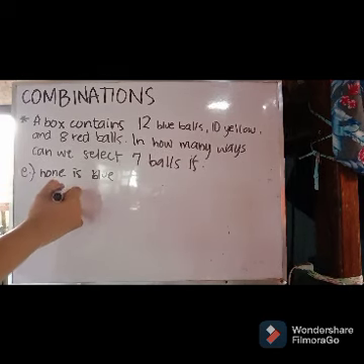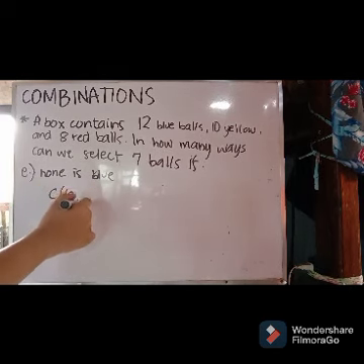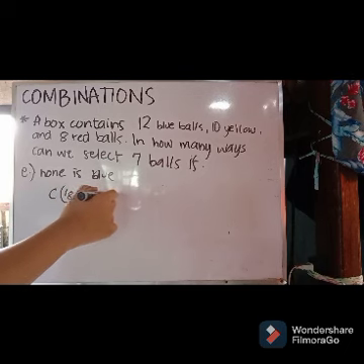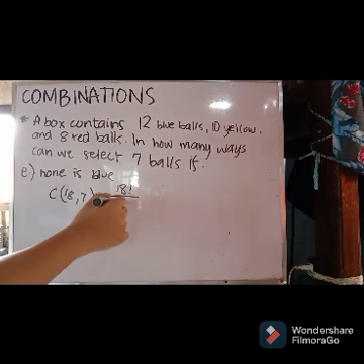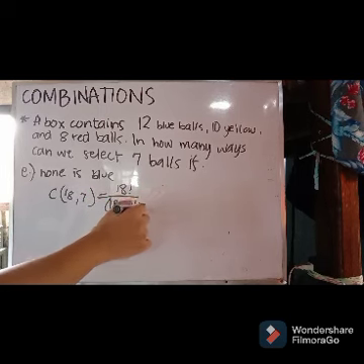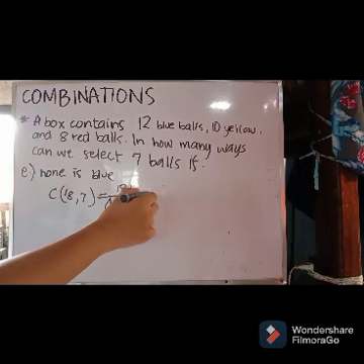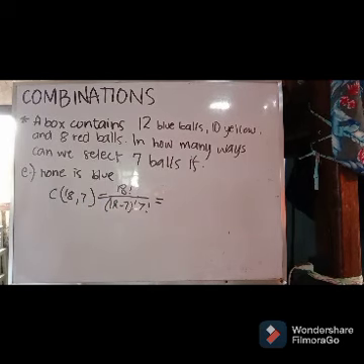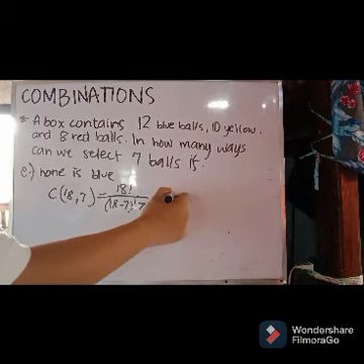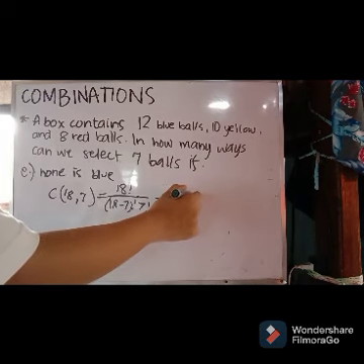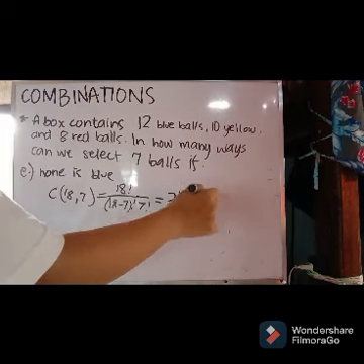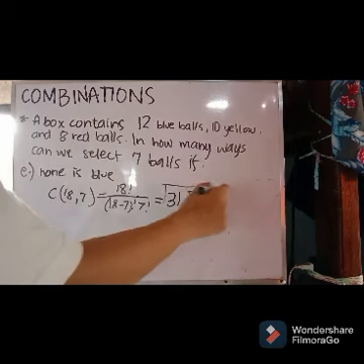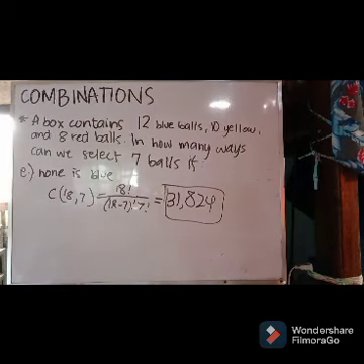So it is combination of 18 taken 7, which is 18 factorial over the quantity 18 minus 7 factorial, multiplied by 7 factorial, equal to 31,824 possible outcomes if none is blue.